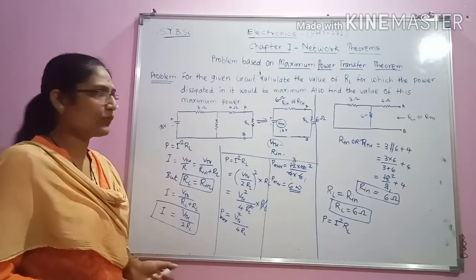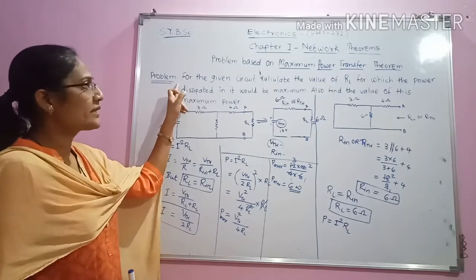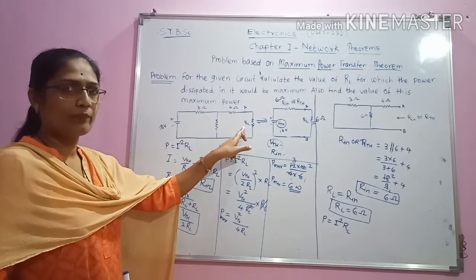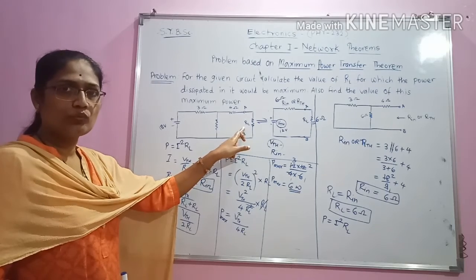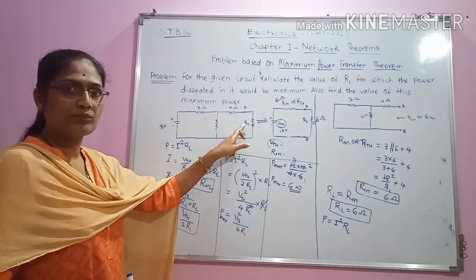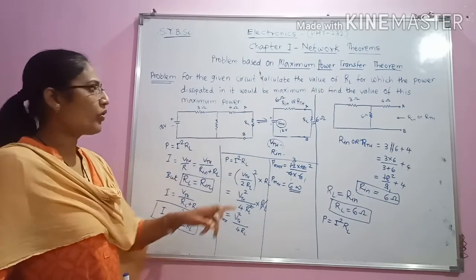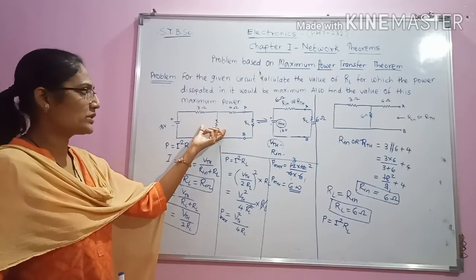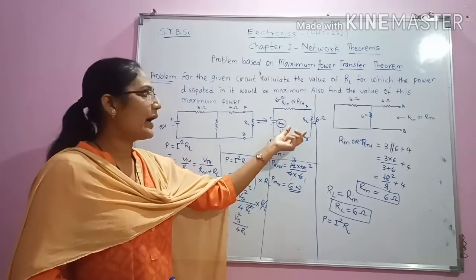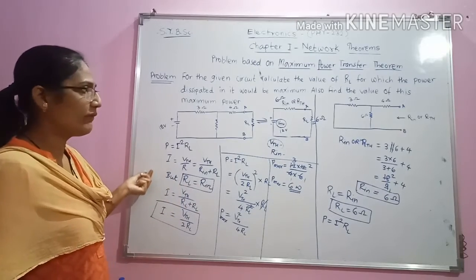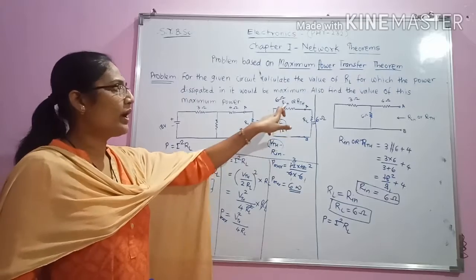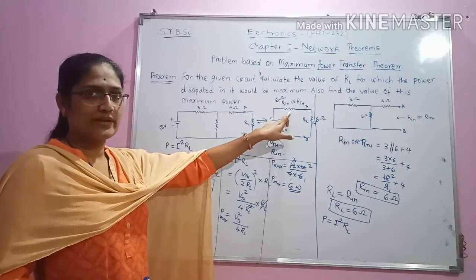So let's revise once again. In this example, we have to calculate the load resistance for which we will obtain maximum power, and also the maximum power dissipated across it. For that, we considered the given circuit, converted it into Thevenin's equivalent circuit, applied Thevenin's theorem, and calculated the VTH value and the internal resistance value.